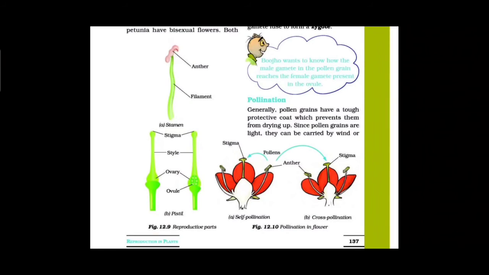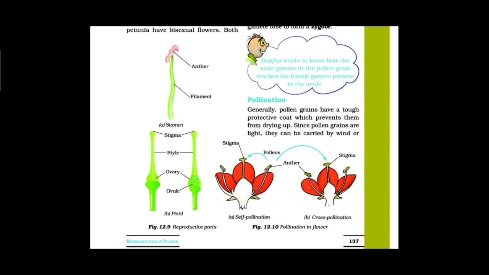Some of the pollen lands on the stigma of a flower of the same kind. The transfer of pollen from the anther to the stigma of a flower is called what? Pollination.